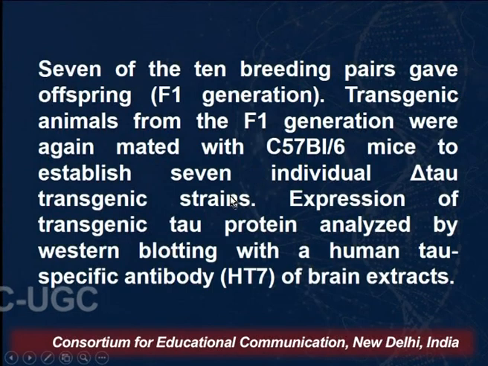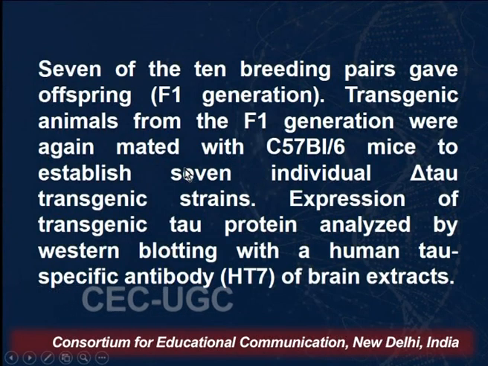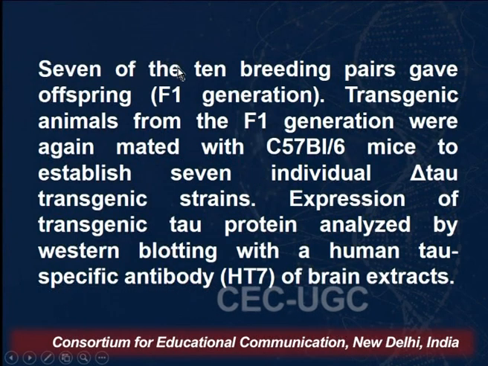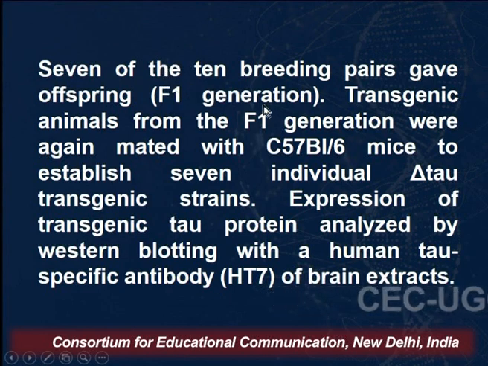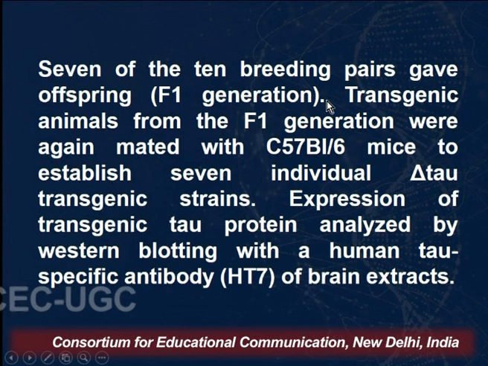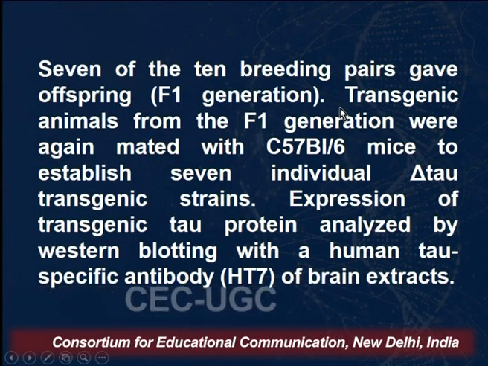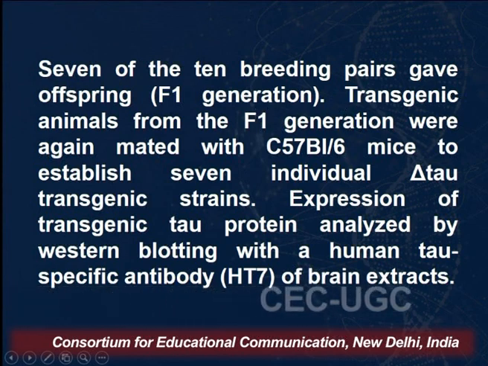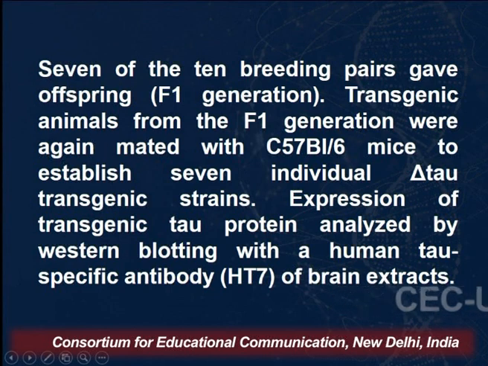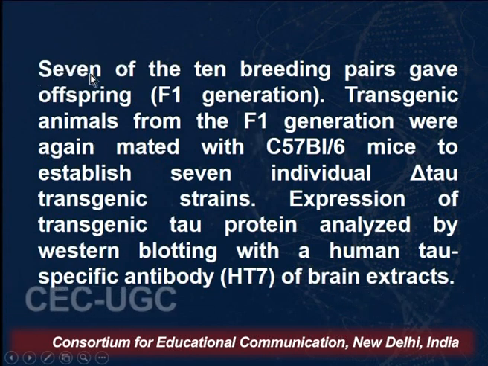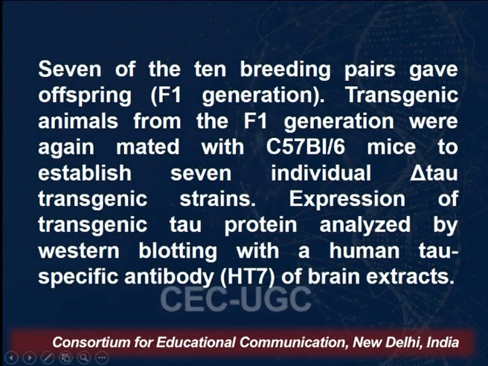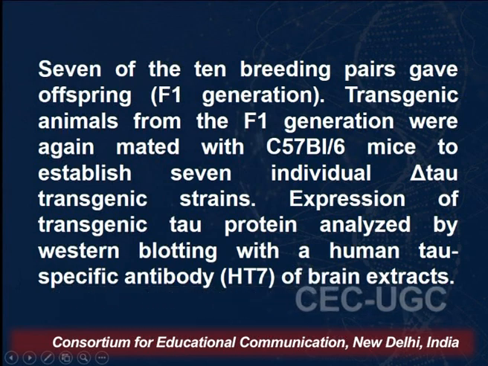In this case, when you bred the 7 strains, you identified that 2 of them produced progeny which did not give transgenic amplification. You analyzed a series of pups of these 2, but they always gave wild type amplification.